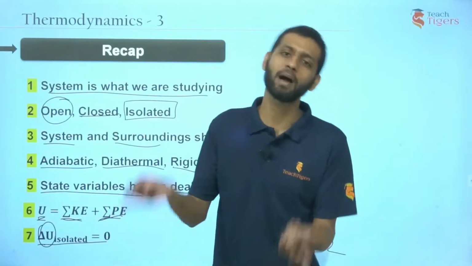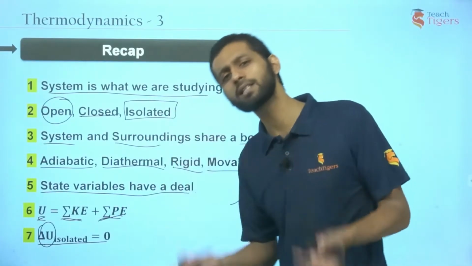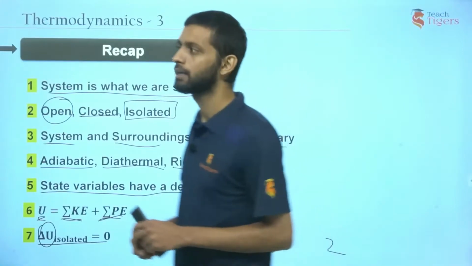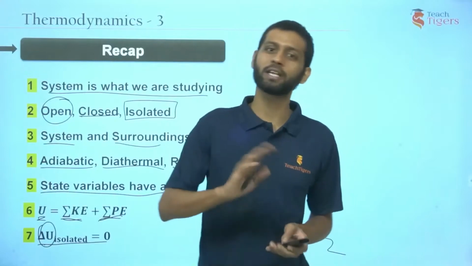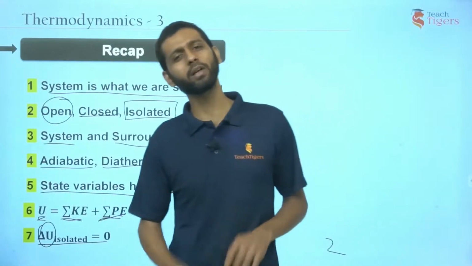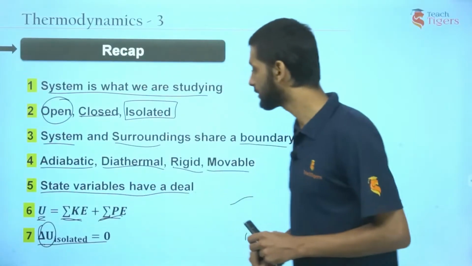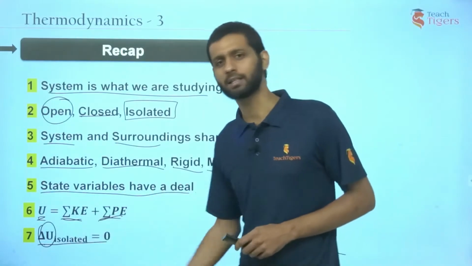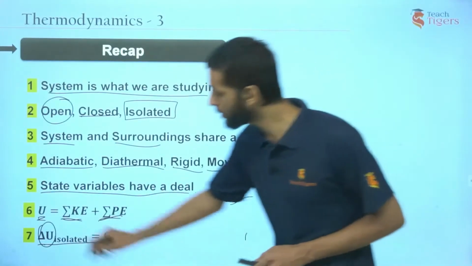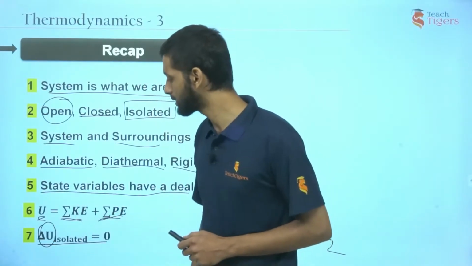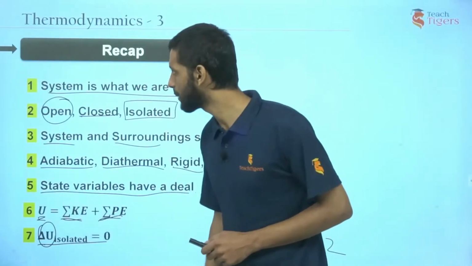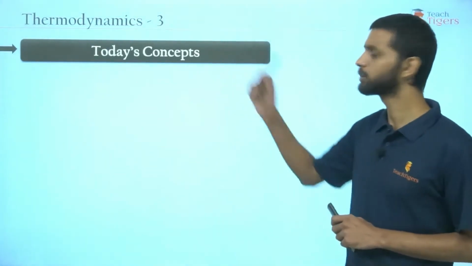It can't exchange mass, it can't exchange energy, so energy is not going to change, right? Nothing is going to happen to that guy sitting in the corner who's not sharing his thoughts, who's not sharing his lunch, unless you break the isolation somehow, right? So we're going to talk about this symbol delta in the coming slides.